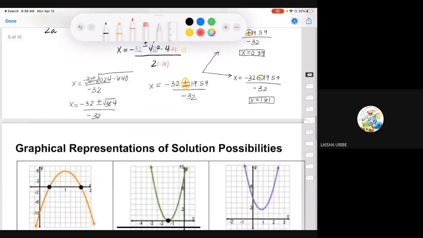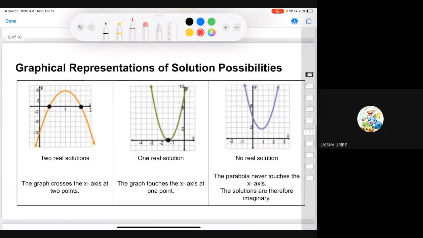Okay. And so basically, what does it mean for us to have these zeros? What does it mean for us to have one solution, two solutions, no solutions? Well, basically, we have all our equations in standard form, right? We have all of our equations come in this form. And depending on the relationship between those numbers, what we can identify is if we're going to get two x's as our solution, only one x as our solution, or no x's in our solution.